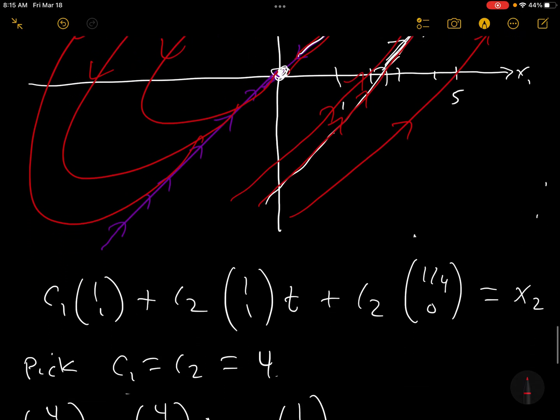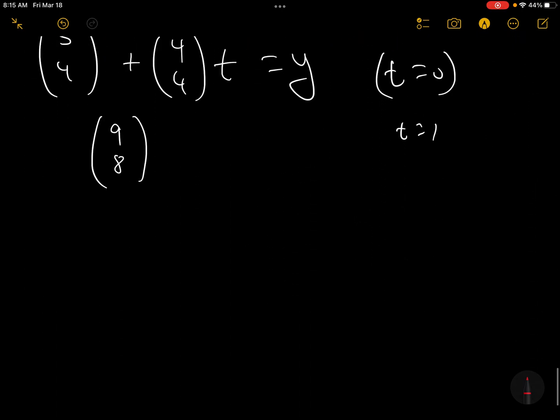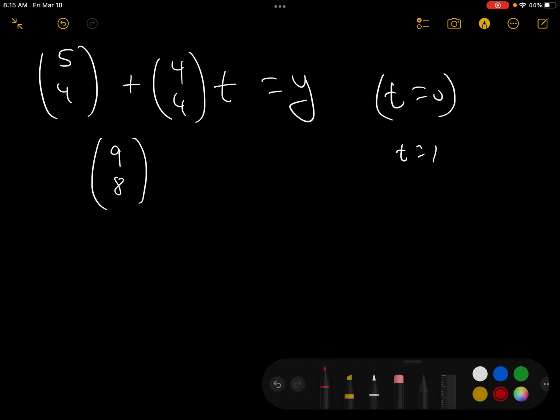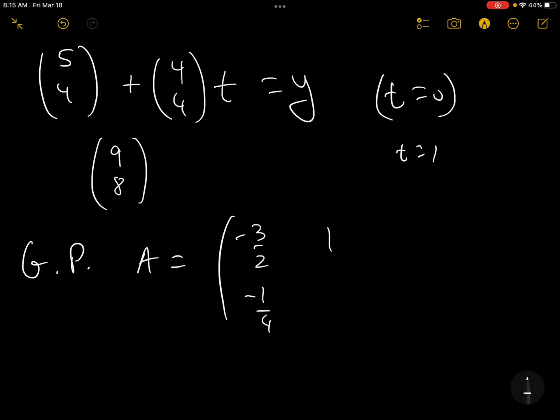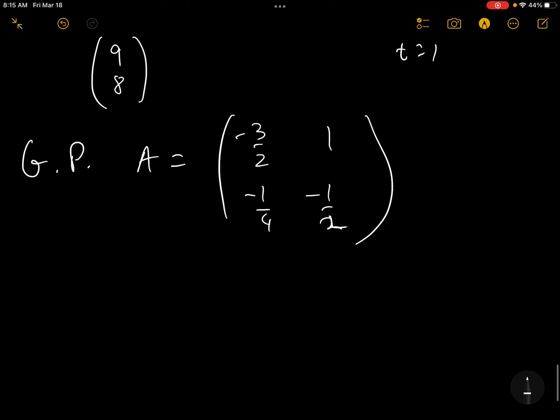Okay, well, that was fun. Hopefully it wasn't too hard to follow. Here's your guided practice. Let A be (-3/2, 1; -1/4, -1/2).